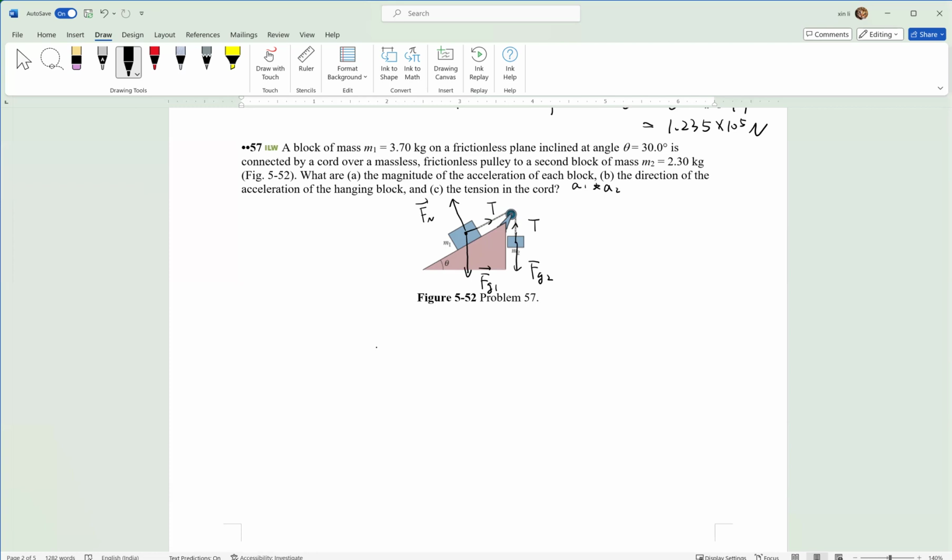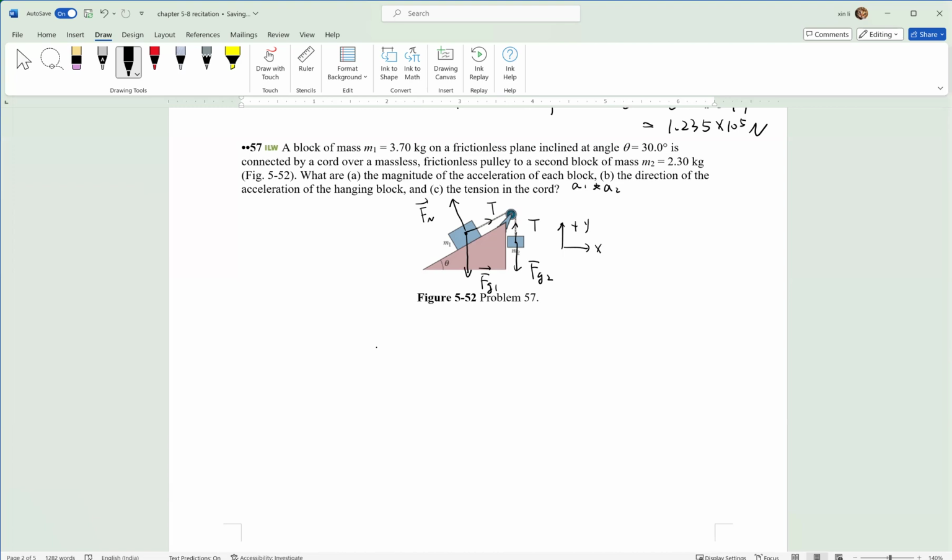We have to define the direction of motion. So let's just use the conventional setup. We are going to define going up. So for M2, we are going to define going up as the positive y direction, and this is the x direction.